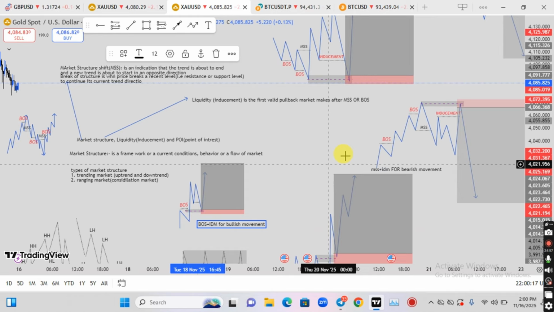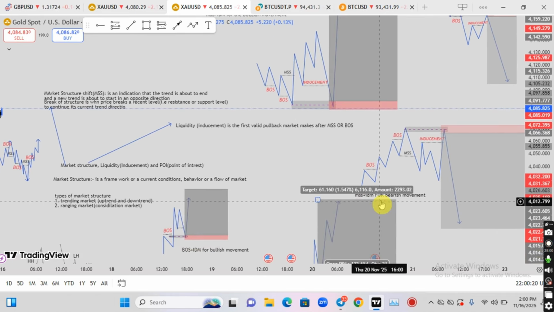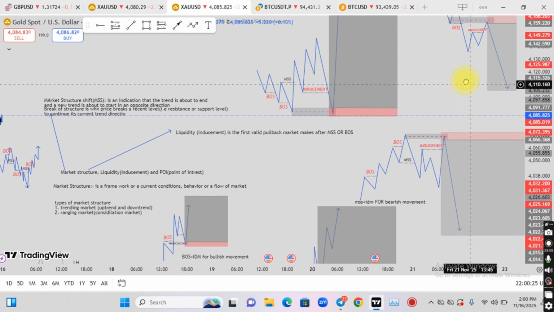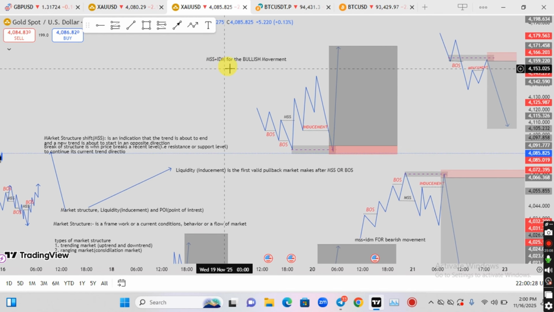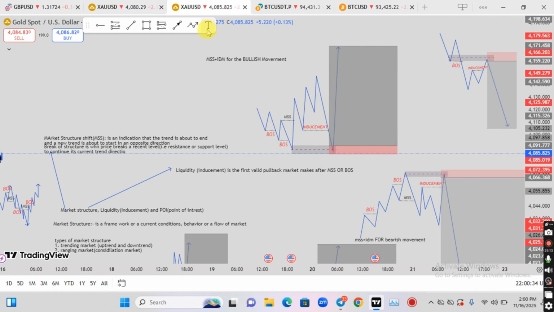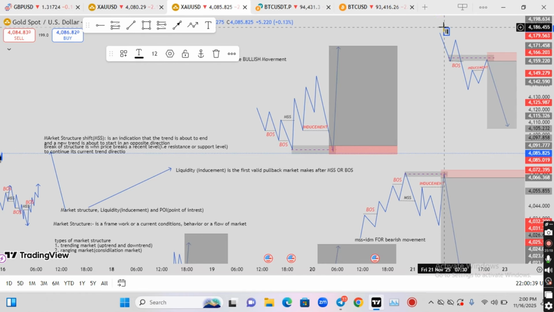For the bullish movement, while we have the market structure plus inducement for the bearish movement, up here we have the market structure plus inducement for the bullish movement. Then we have the displacement zone. We have the BOS plus IDM inducement for the bearish movement.